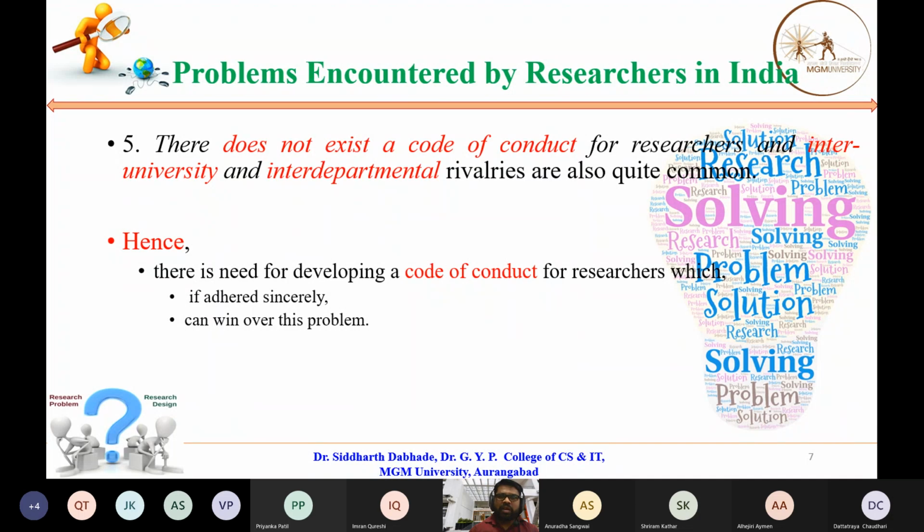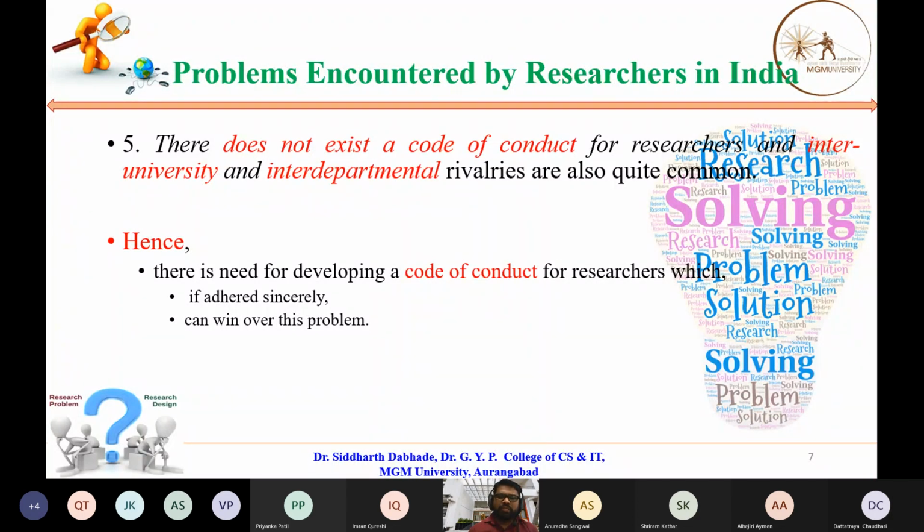It is not moral, and it does not come under the ethics of research. Some researchers just copy and paste the existing research work, change the name of the existing author, rephrase the existing data, and publish it with their own name.